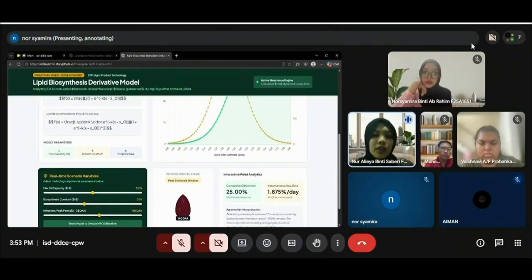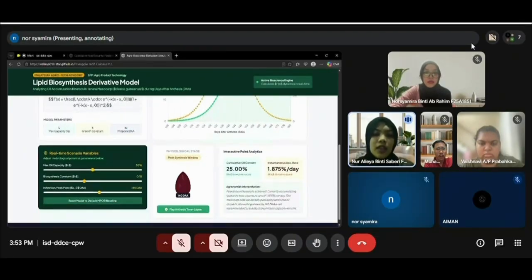Another important parameter in the analysis was the maximum respiration rate. This value indicates the highest metabolic activity achieved by the fruit bunches during the observed period. By analyzing this value, we can better understand the physiological condition of the harvested fruit.